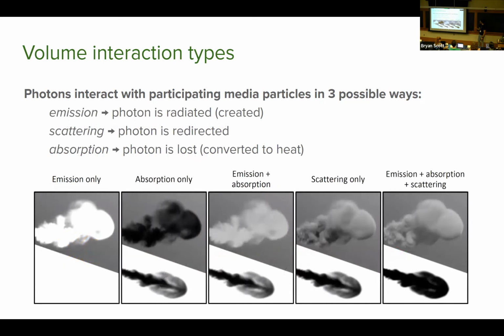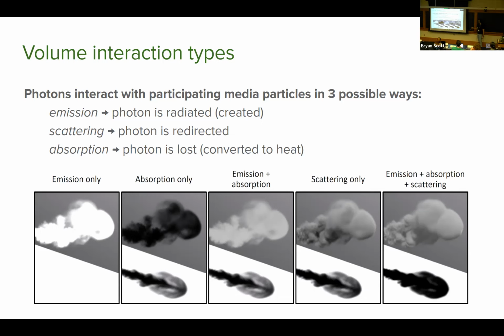In terms of visuals, emission looks just like light. Here is a puff of smoke, and there's a surface down here. You see there is no shadow, because something that only emits can't create occlusion. Absorption only removes light, so with this puff you see a very distinct shadow. It doesn't add anything, so everything just becomes darker. If you combine emission and absorption, you get this: there is some light, but also some of it is absorbed.